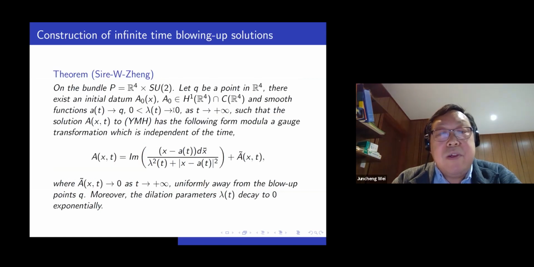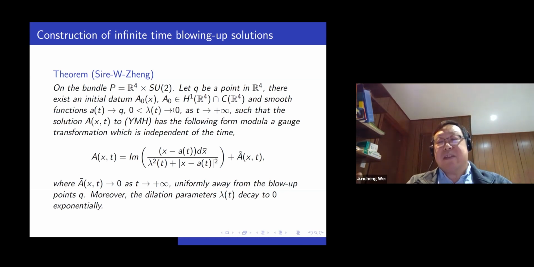So our first result for the Yang-Mills flow is existence of an infinite time blow-up, but without any symmetry assumption, for general initial data.